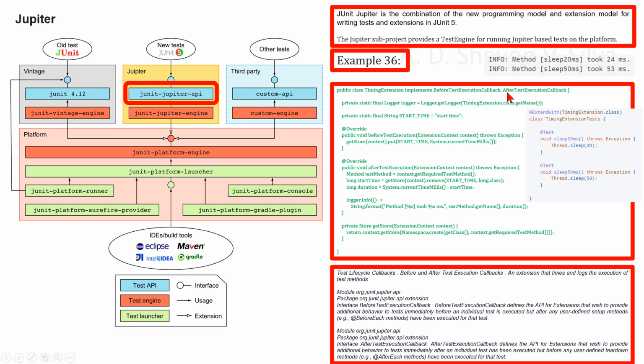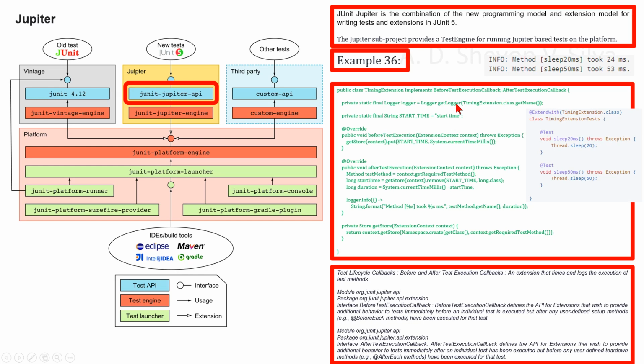As such, these callbacks are well suited for timing and tracing and similar use cases. If you need to implement callbacks that are invoked around @BeforeEach and @AfterEach methods, implement BeforeEachCallback and AfterEachCallback instead.